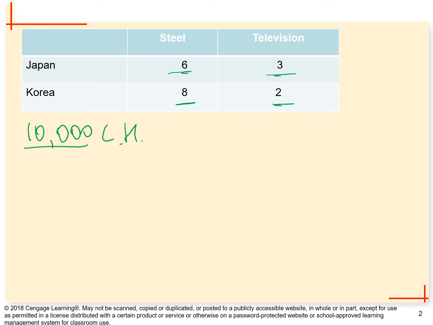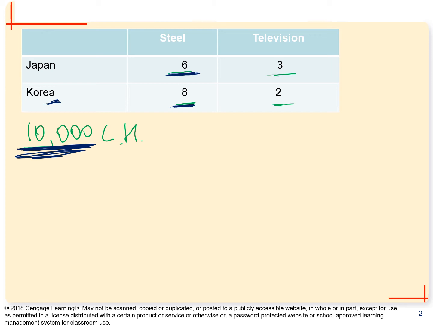So, which producer is going to use fewer resources? What we need to do, we need to compare units of steel in Japan to units of steel in Korea. Just think about it. Japan working 10,000 labor hours and producing 6 units of steel. Korea working 10,000 labor hours and producing 8 units of steel. My question is, who is using fewer resources?